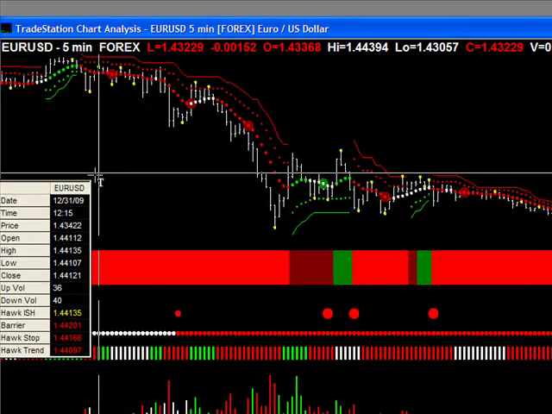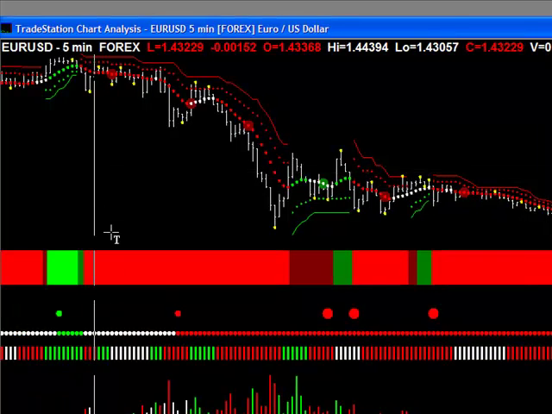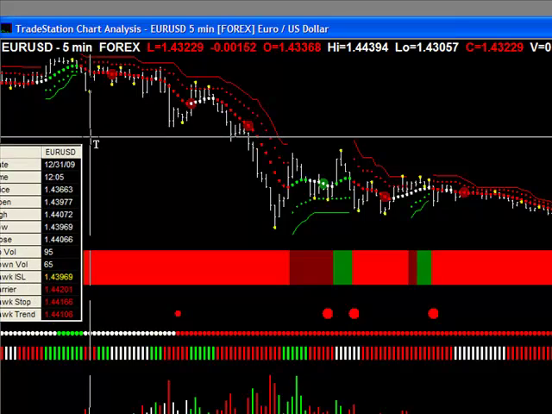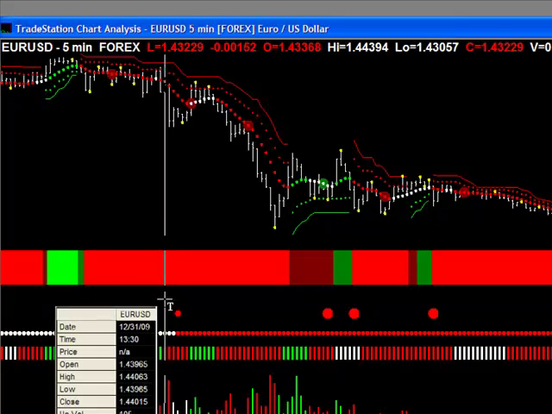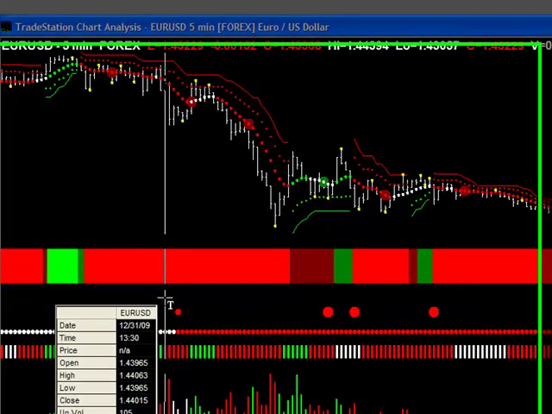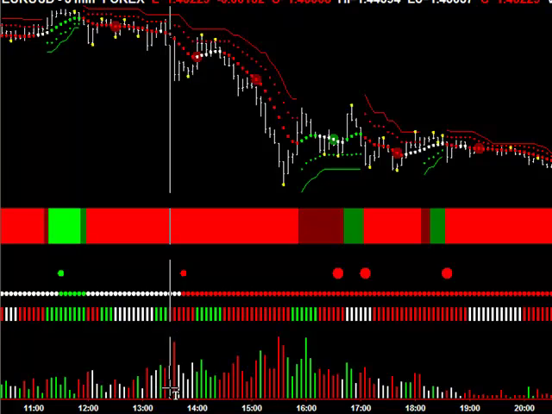on the euro. The Roadkill indicator would not allow you to have got into this trade to the short side, and thank goodness it did stop you, because you would have gone just sideways for a few hours. However, at this point here, when the volume goes red, if you wanted to be aggressive, you could have gone short there. The volume is red on the 5-minute, it's red on the 15-minute.